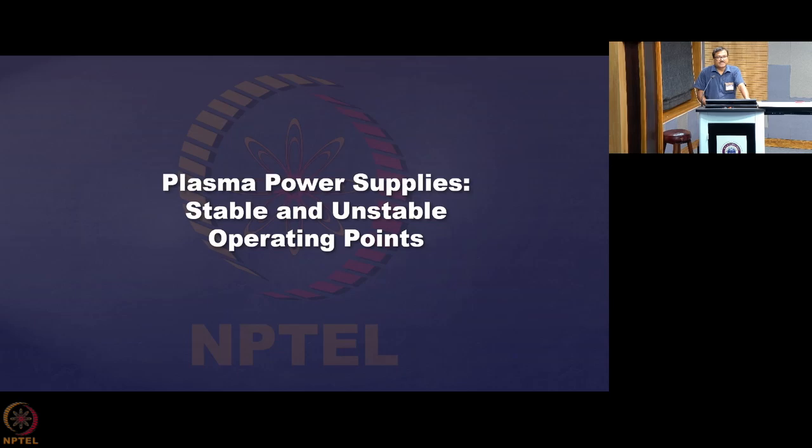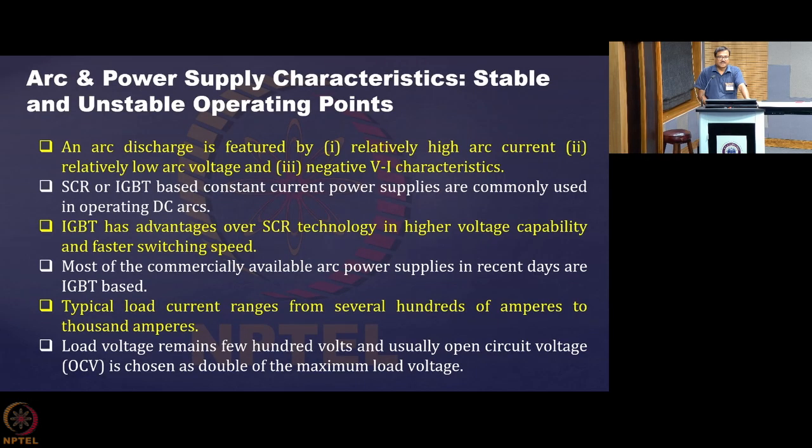Rather, I would like to discuss one of the very important aspects of operating such devices, which is the power supplies. Arc devices are usually operated with constant current power supplies, and usually IGBT based constant current power supplies are nowadays used. Earlier, SCR, which stands for silicon controlled rectifier, power supplies were used, but ripple was quite high in those.